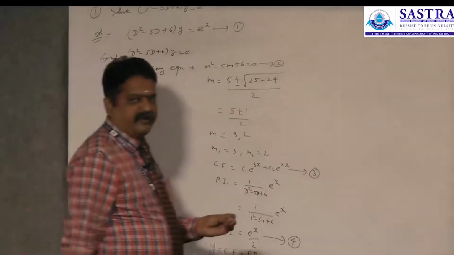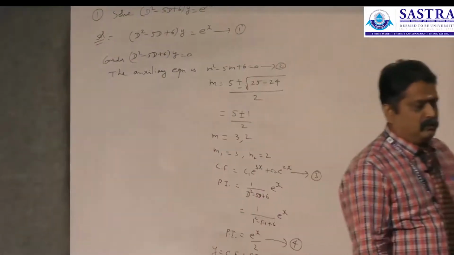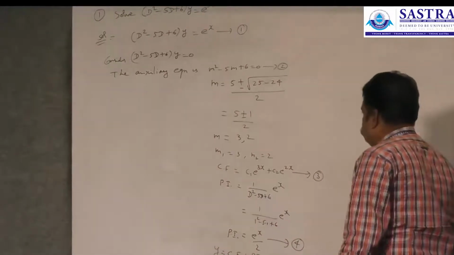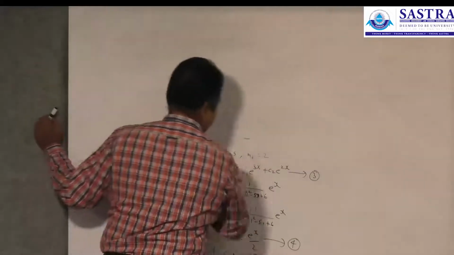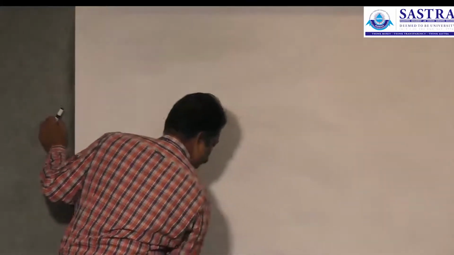Now let us do the second problem. Second problem: solve D square minus 6D plus 9 whole thing into y is equal to 3 times e to the power 2x.